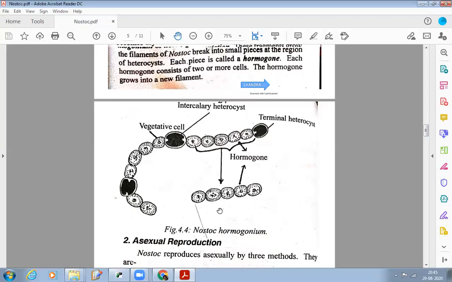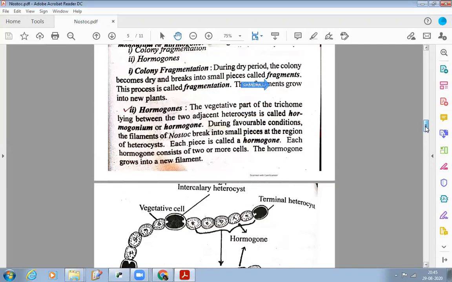Now it is separated from the filament and exists as an independent individual body. Now it will undergo amitotic division, thereby the number of cells in the hormogone will be increased. This is how the vegetative reproduction can be brought out.